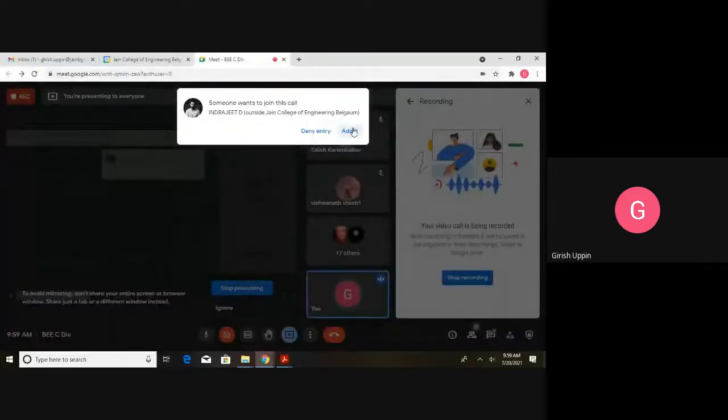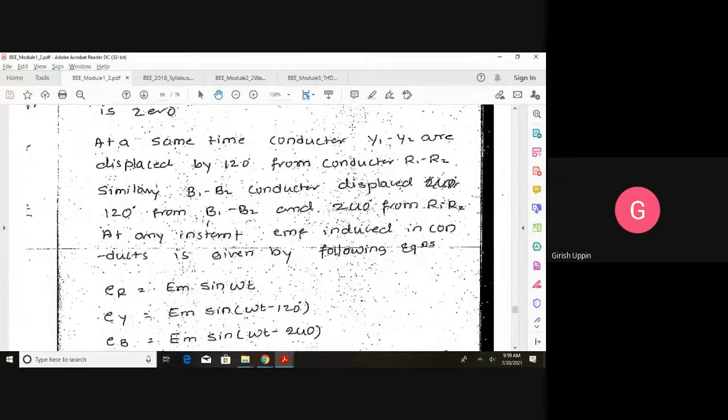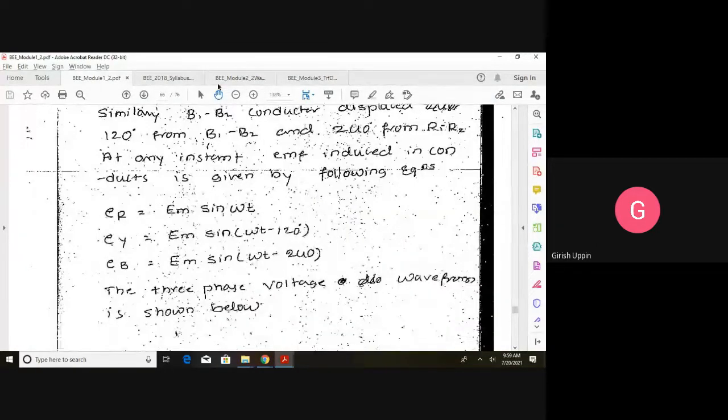The same thing has been explained, whatever we talked here. If you have any question, you can ask me the question. Now you can see R is the first phase which will start immediately at the zero reference. That's why I represent the R phase as ER equals EM sine omega t. And Y phase starts after 120 degree. Means there is a delay of 120 degree.